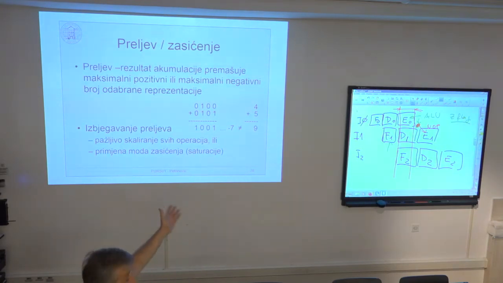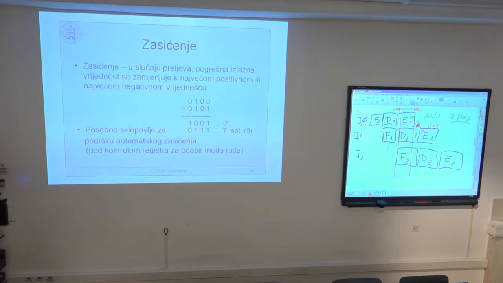In this case, it will be -8. -8 is the most negative value for a 4-bit 2's complement number. Okay? It says here, so instead of having -7, you take then the largest positive value, that is +7.